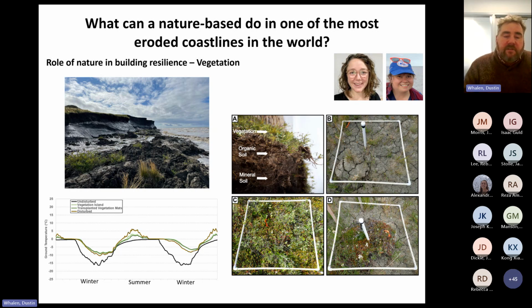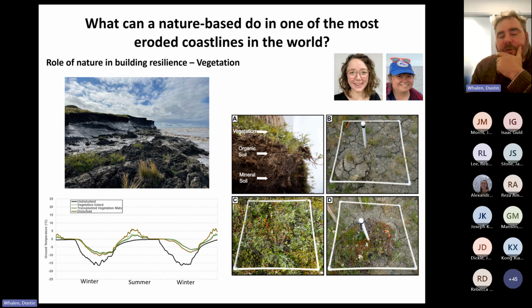So again, the vegetation played a role in insulating the soil to keep it frozen for longer or colder. And I think this is a really neat study. The problem with it is that the coast is way too dynamic, and nothing really can stay in one spot for any amount of time.